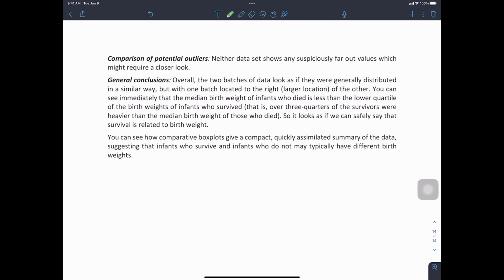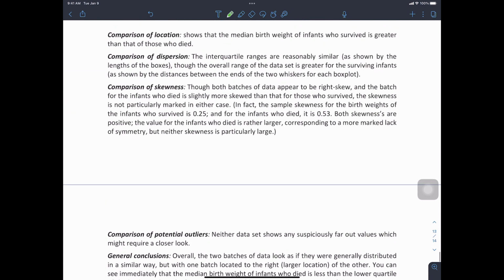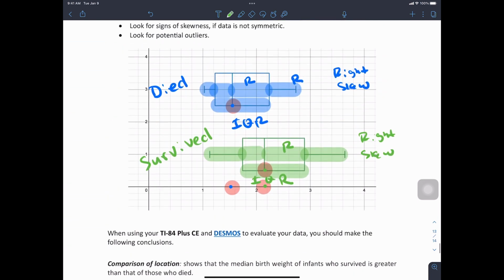The interquartile ranges are kind of similar, but with one batch located to the right, at a larger location than the other, you can see immediately that the median birth weight of the infants who died is less than the lower quartile of the birth weights. They're actually doing that too. That median value down here is smaller than the first quartile of those who survived.